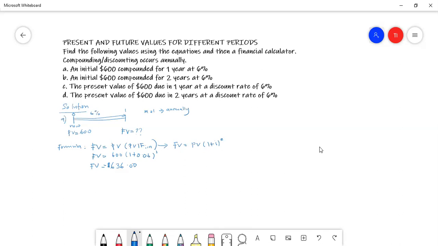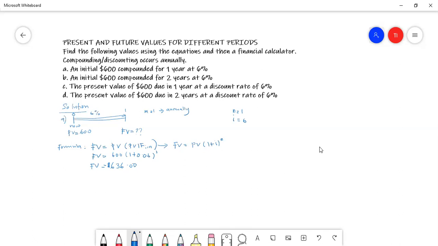You can use a financial calculator by inserting N equal to 1, I equal to 6%. You don't have to convert into decimal, because most financial calculators take the interest rate on a percentage basis.